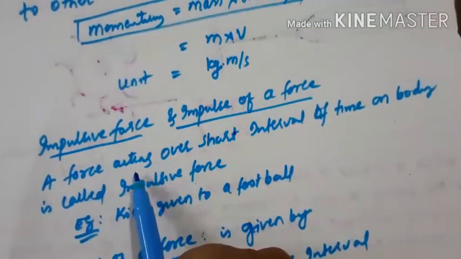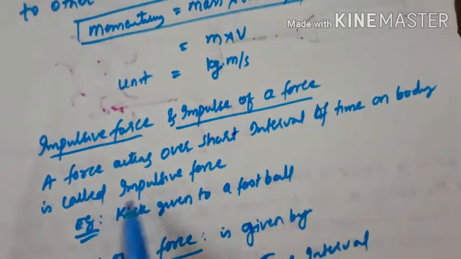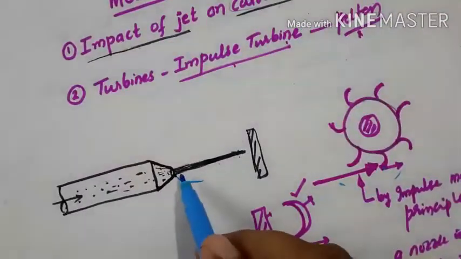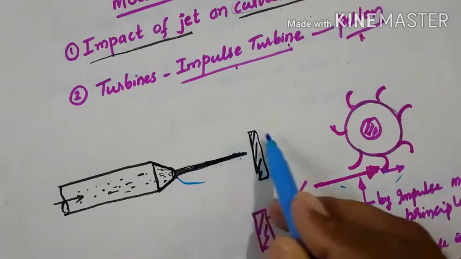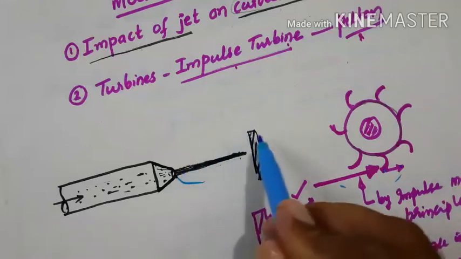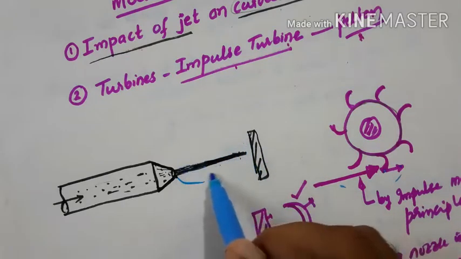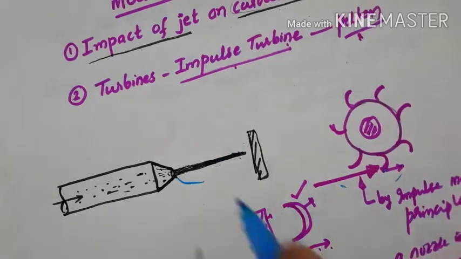So impulsive force means a force acting over a short interval of time on a body is called as impulsive force. Here also this jet is acting in a very short interval of time on a plate. Okay, this is called impulsive force, and this impulsive force is being analyzed by using the impulse momentum principle.